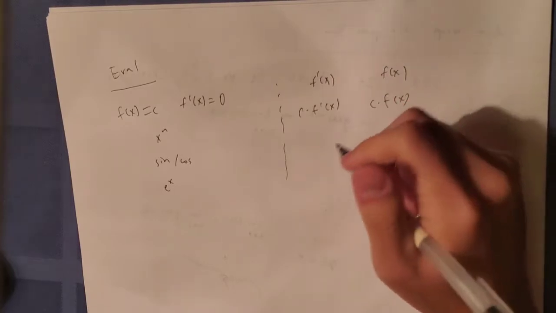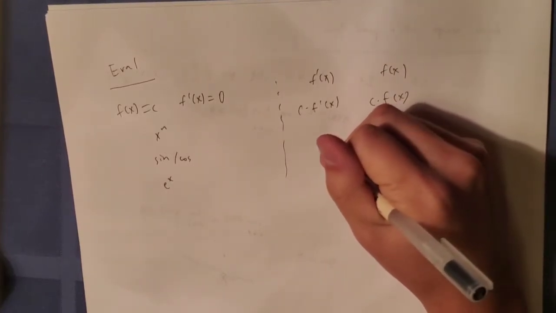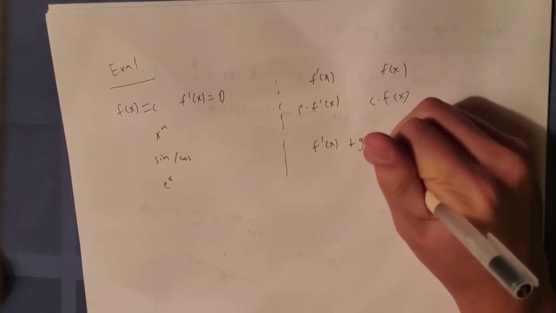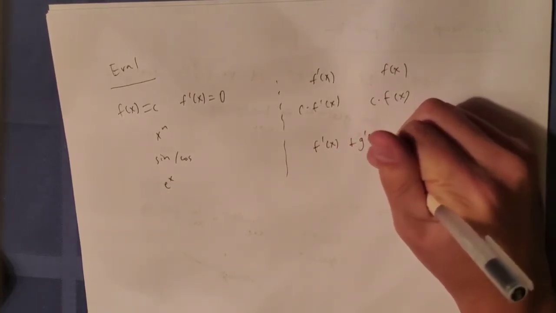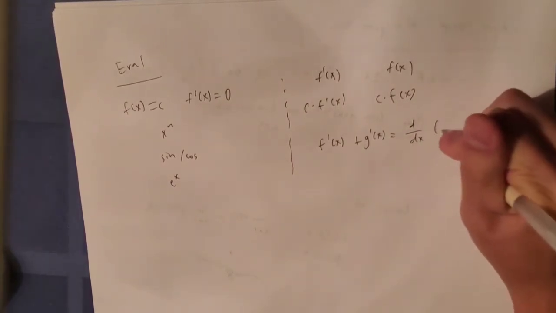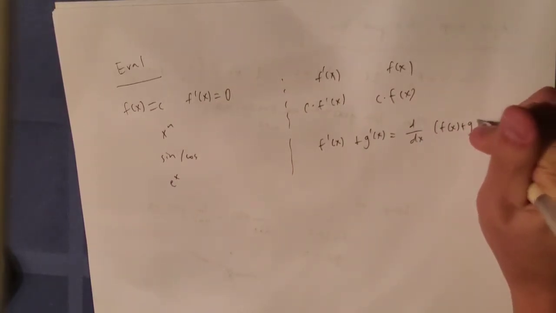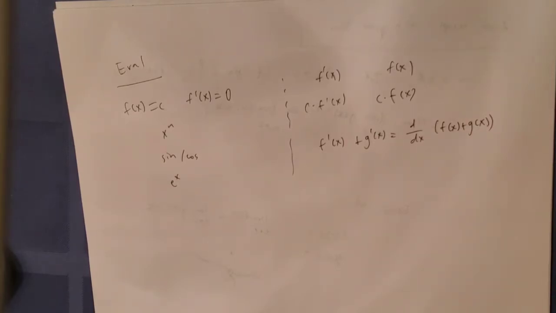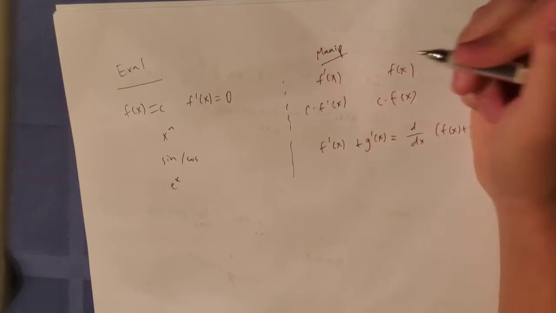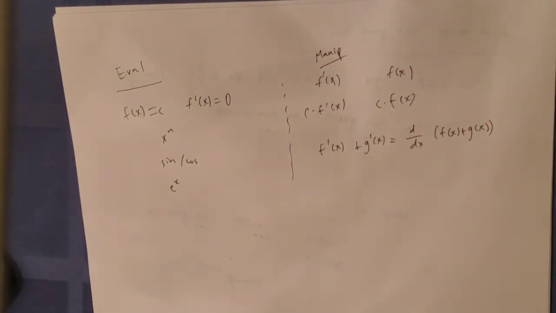And furthermore, the derivative of f of x plus g of x equals f prime of x plus g prime of x. We won't be doing proofs in this episode for these manipulation rules, but these are things you can assume will be true.